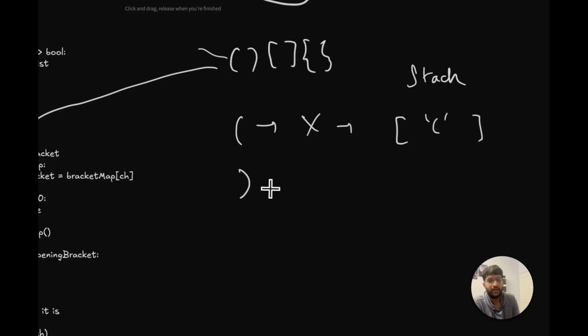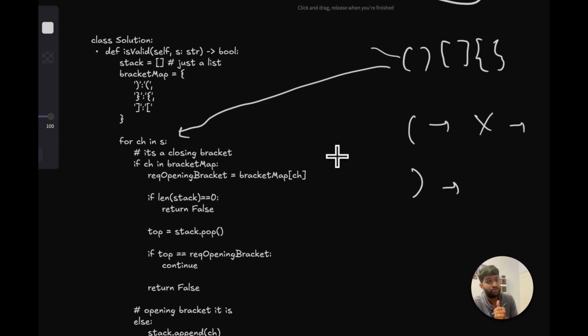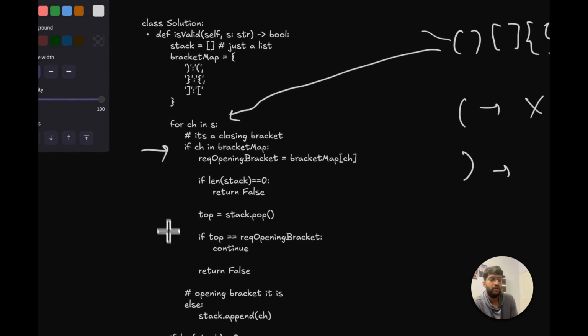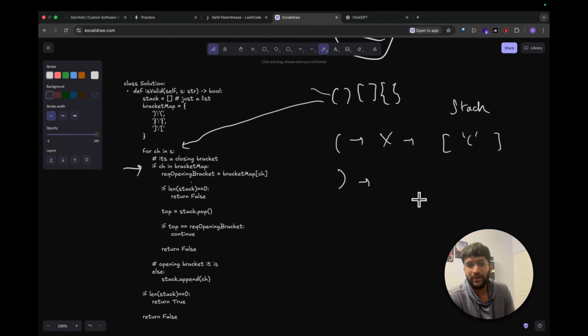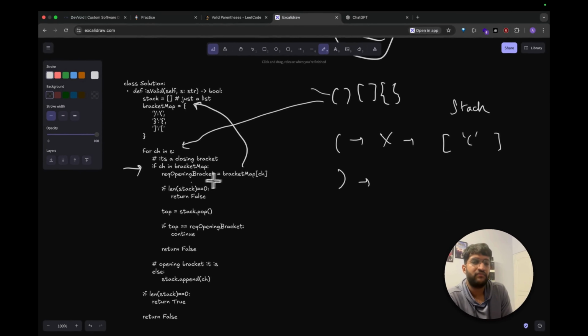Next item is a closing bracket, and that time we check that it is a closing bracket. So the if condition is true over here, and then what do we do? We find the required opening bracket, which in our case will use this map to give us this as the opening bracket.